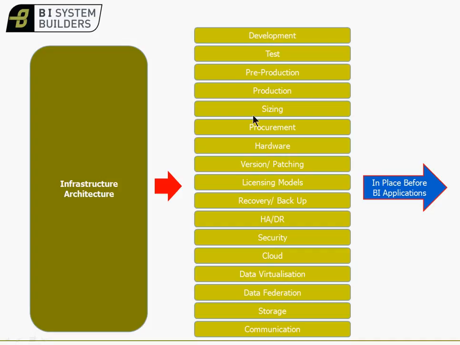Development environments, test environment, pre-production environment, and production environment. All of those environments need to be sized for the volumes of data that you're going to deal with, the time windows you have to load and transform data, and the applications that need to be installed, and whatever your service level agreements are to deliver timely quality data. We'll talk about that a bit more in service architecture towards the end.